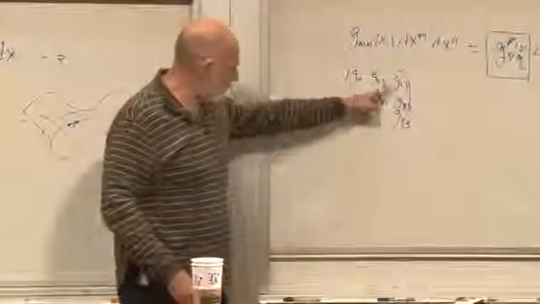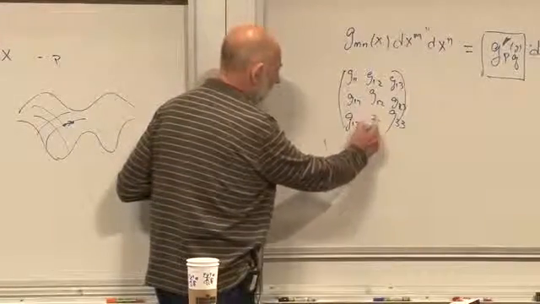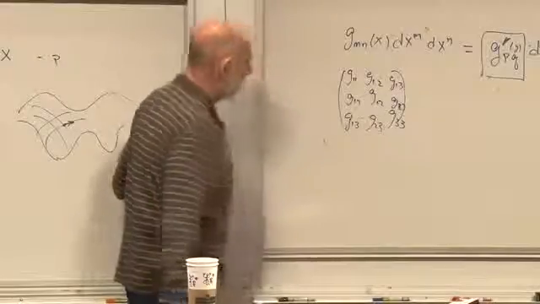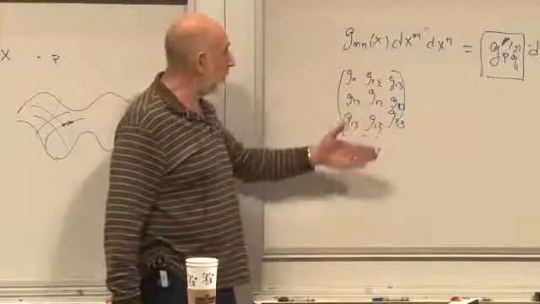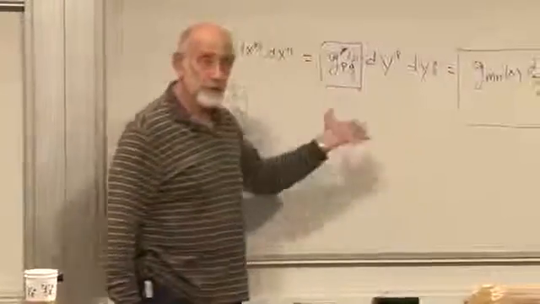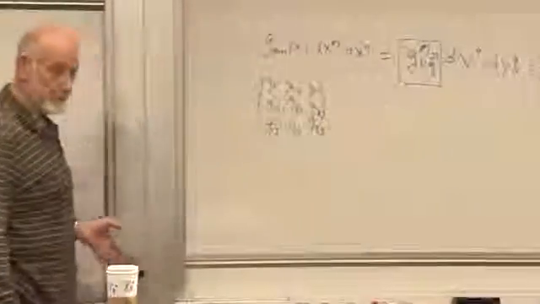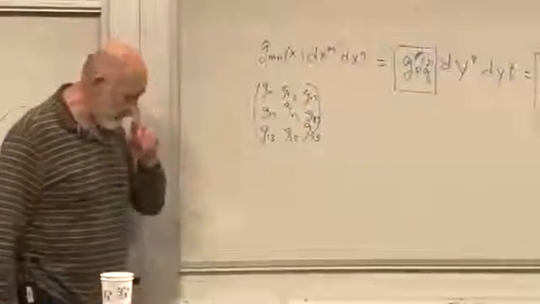G12 and G12, G13 and G13, and G23 over here. Yeah, you can call this G31, but it might as well be taken to be equal to G13 because dx1 times dx3 is the same as dx3 times dx1. So you can just take it to be a symmetric matrix.